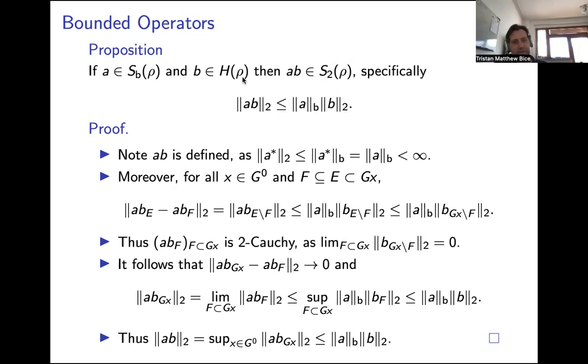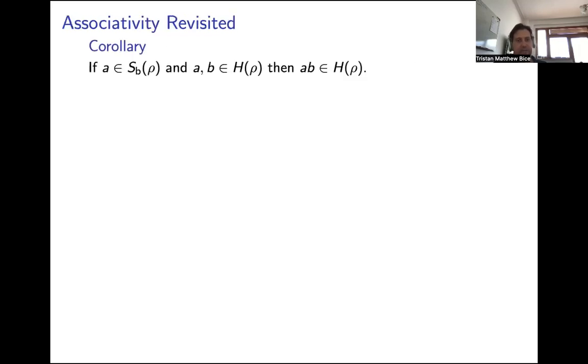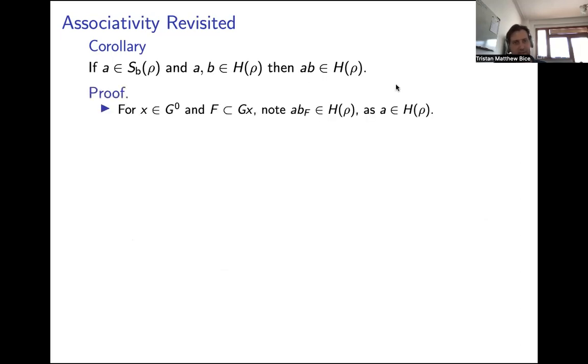Is this true for arbitrary A, or do I need some further restriction on A to ensure that the result of the product is again within H of rho? And we do need a bit of a restriction. So instead of just assuming that A has finite B norm, we need to assume that A also lies within H of rho. Then we can show that the resulting product again lies in H of rho.